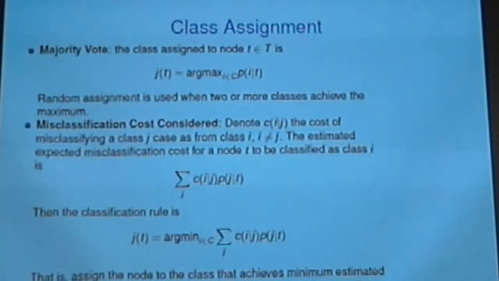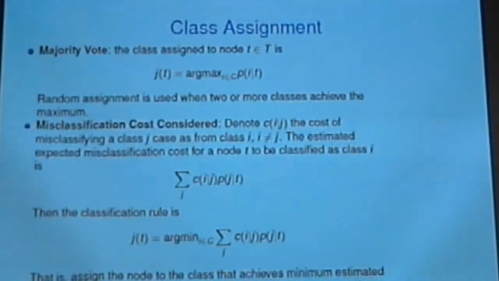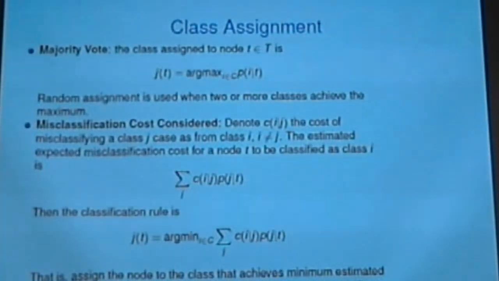And of course, the classification rule then seeks to minimize this result. Just try to find the class that will minimize the cost. Let's just look at examples. We just try to get some idea about how the tree model works.